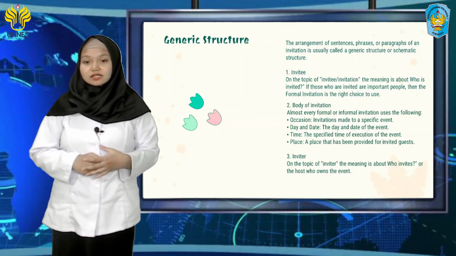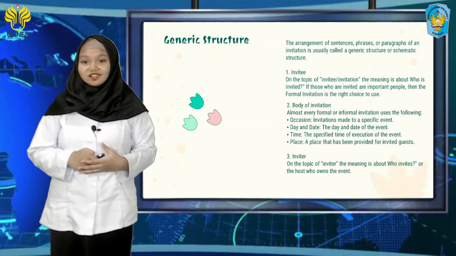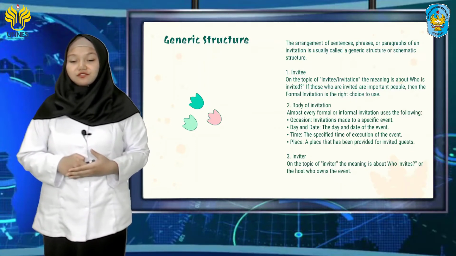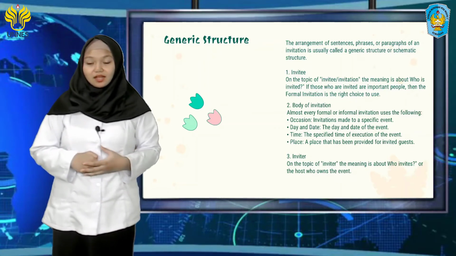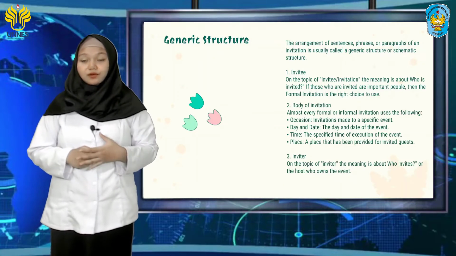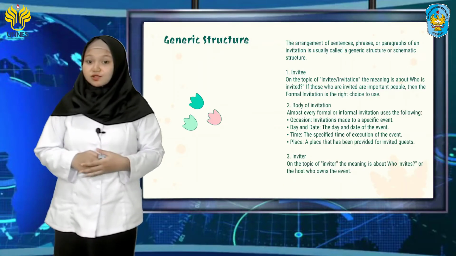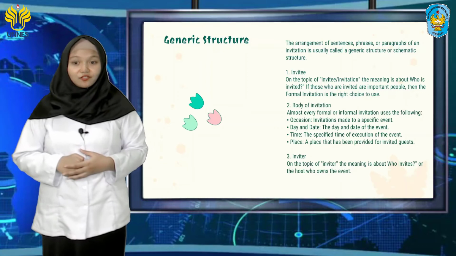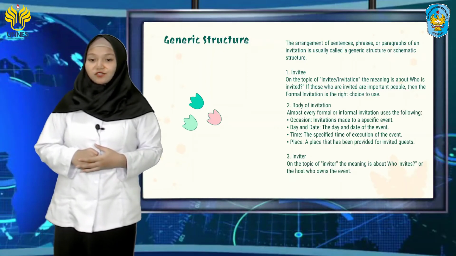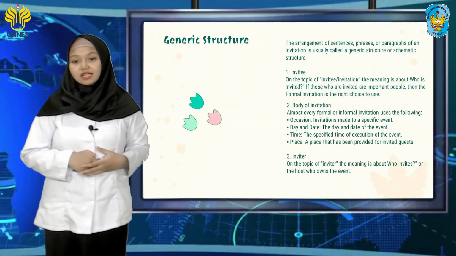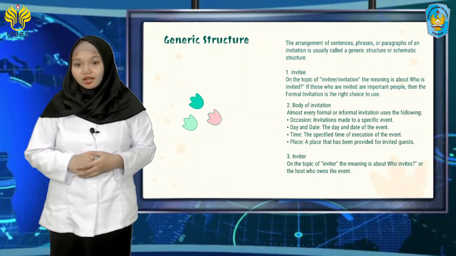Occasion is the occasion the invitation is made for, a specific event. What event does it celebrate? Just a birthday party, wedding invitation, and so on. And then day and date. Of course, there is the day and date of the event. For example, Saturday, 28th of July, 2014.